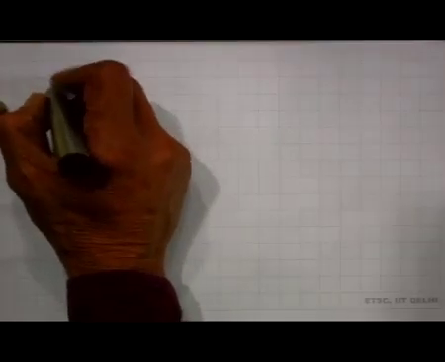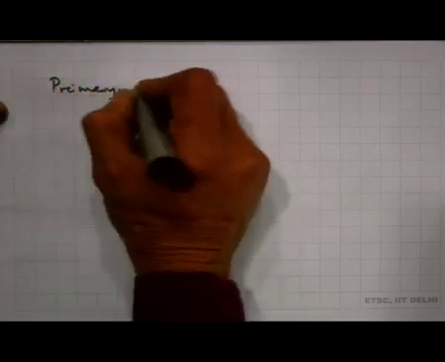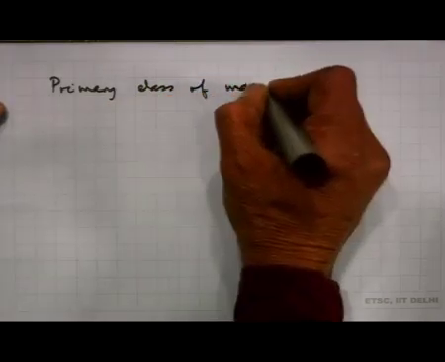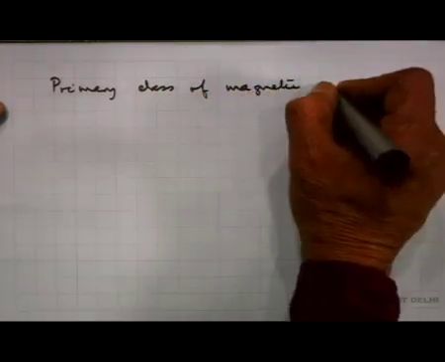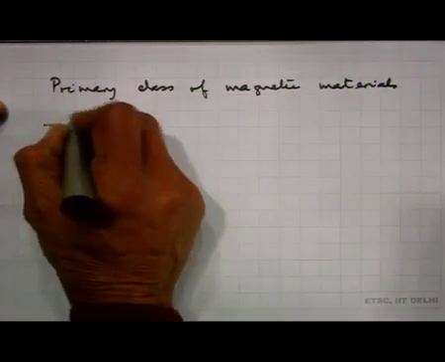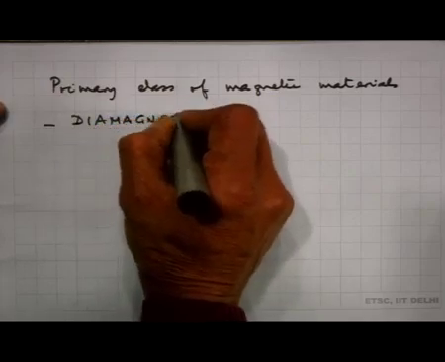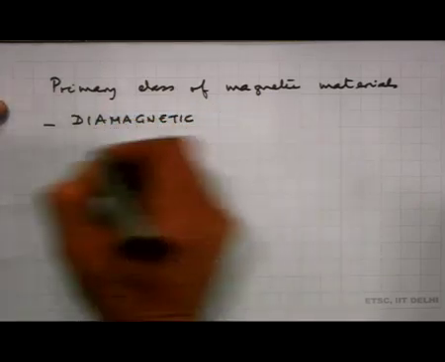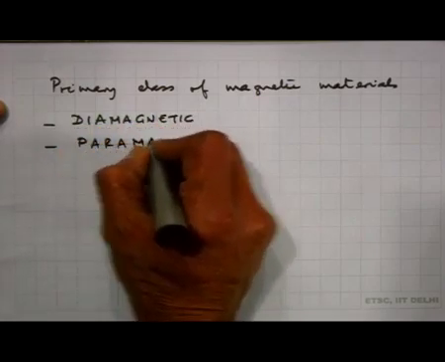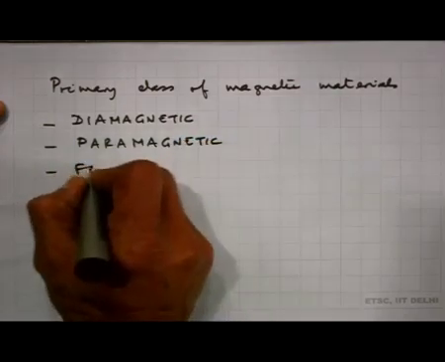As I mentioned before, there are three primary classes of magnetic materials: diamagnetic, paramagnetic, and ferromagnetic.